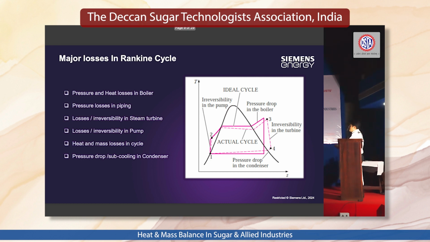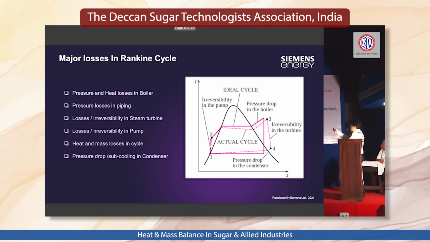Now the major losses in the Rankine cycle, which we have to reduce to improve the overall Rankine cycle efficiency and improve the efficiency of the overall heat and mass balance diagram. There are pressure losses in the boiler, heat losses in the boiler, and also piping losses from the boiler to the steam turbine.